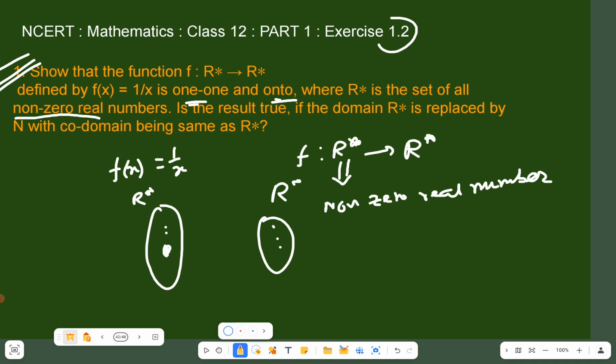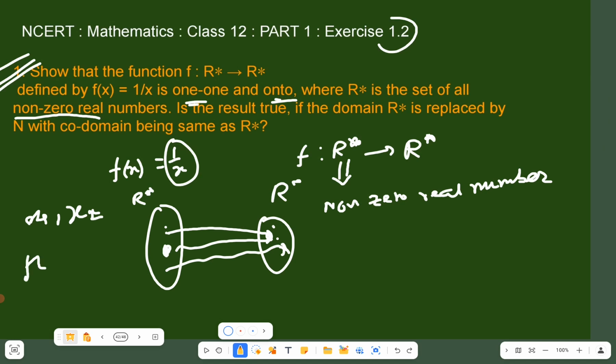If R star, show every element has a distinct pre-image. Suppose there are elements x1 and x2.